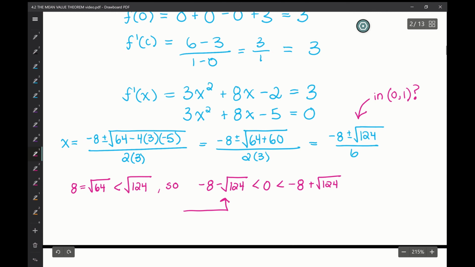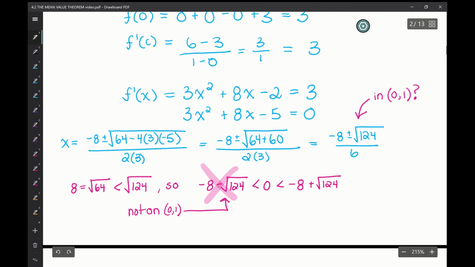Since a negative number is definitely not on our interval, that means that this is definitely not one of our c values.